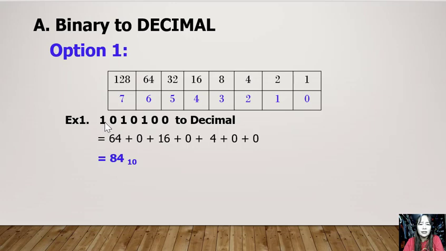And the last 1 that you can see in this problem is at position 0, 1, 2, 3, 4, 5, 6, position number 6. As you can see on the chart, position number 6 is equivalent to 64. So just add up 64, 16 and 4, and you get 84. Now that 84 is your equivalent in decimal for your binary 1010100.